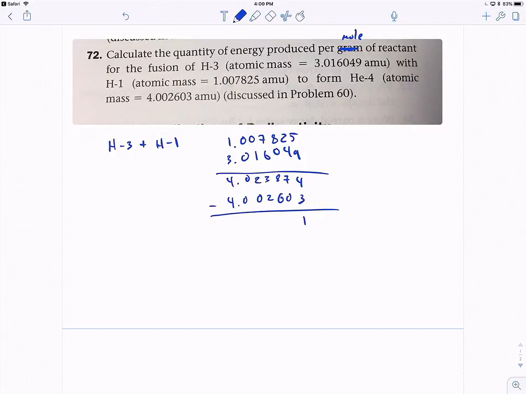Subtract that, 0.021271 atomic mass units.